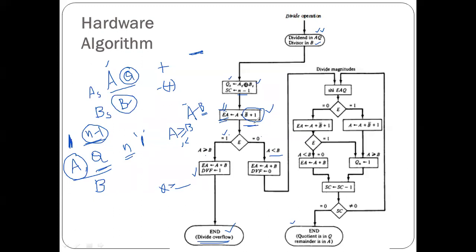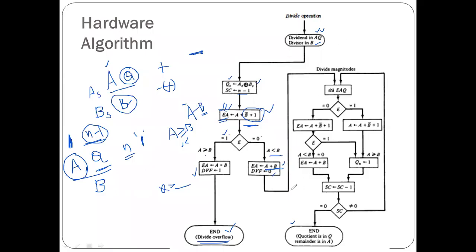So I need to restore my dividend back to A by adding B to the result available in EA, and make the division overflow flag 0, saying that division is possible. This statement will give you the previous dividend.